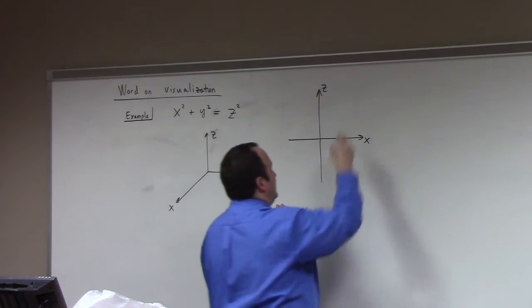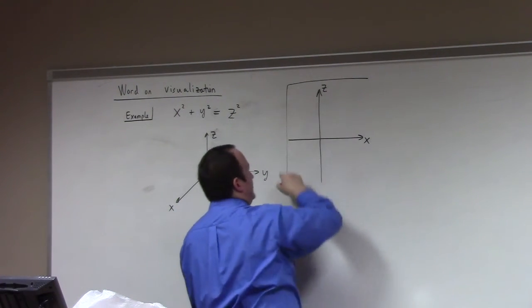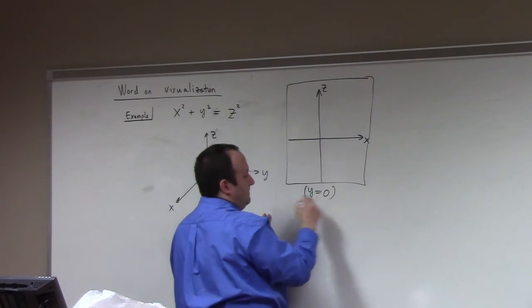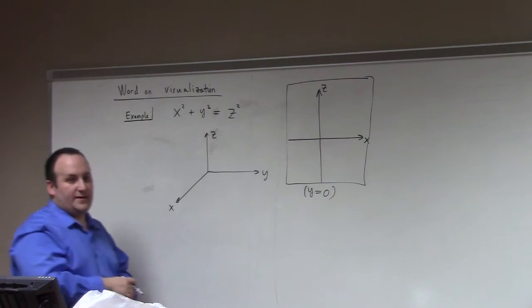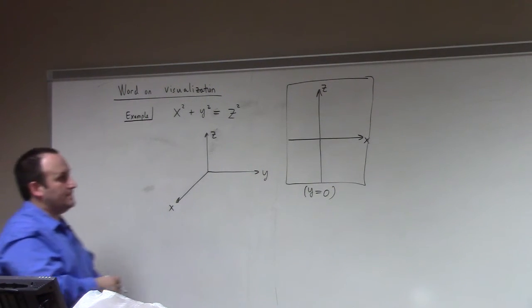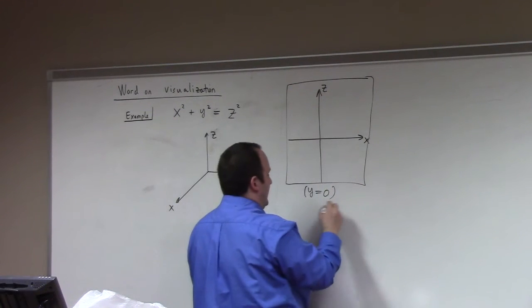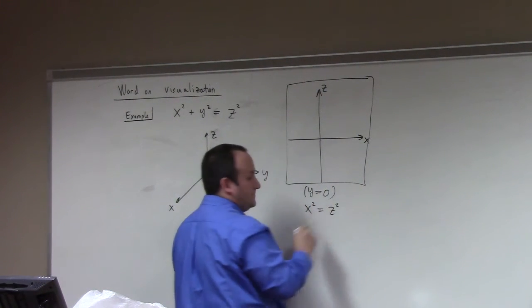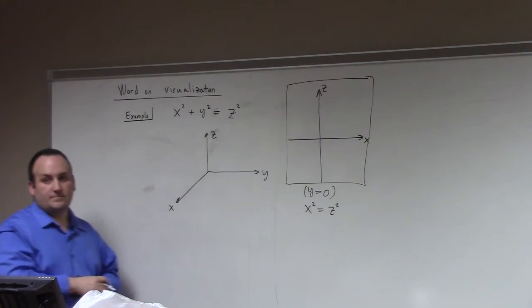What happens in the xz plane? This is where y is equal to 0, right? In the xz plane, we've got y equals 0. What does this equation look like there? We're looking at x squared equals z squared. That's the equation.